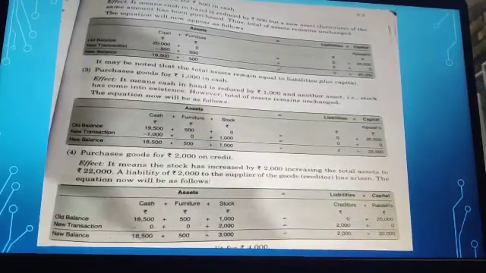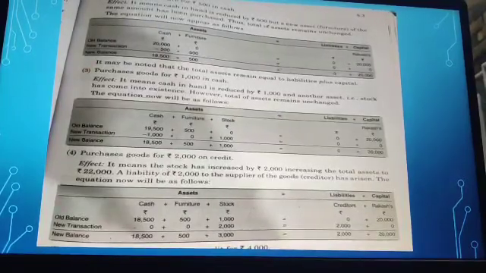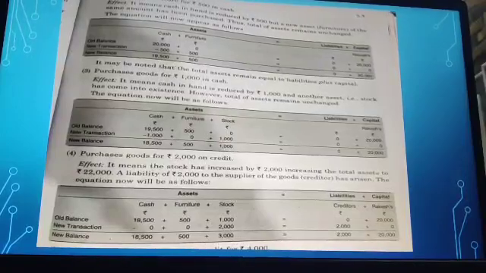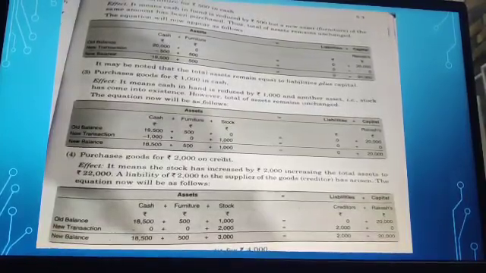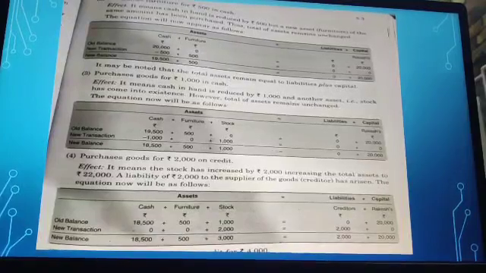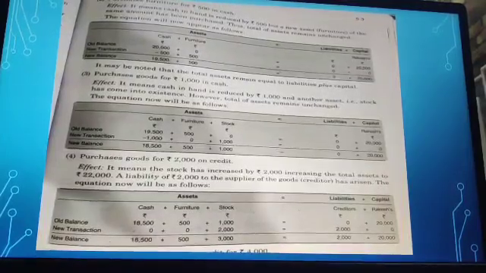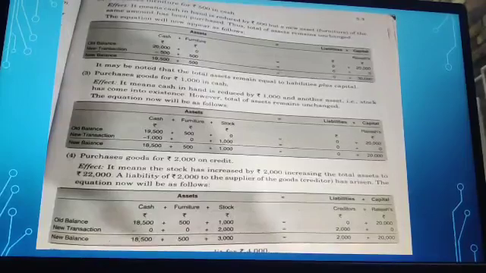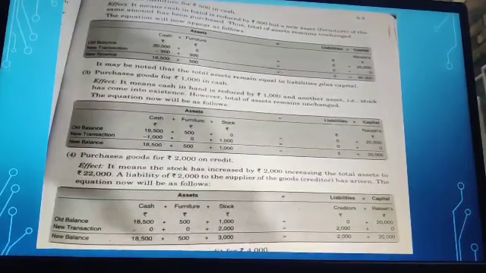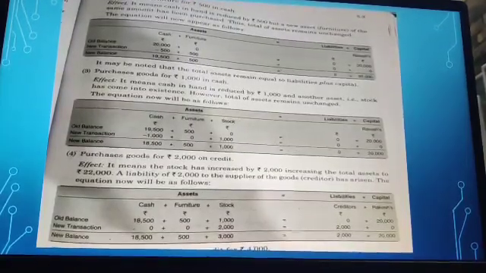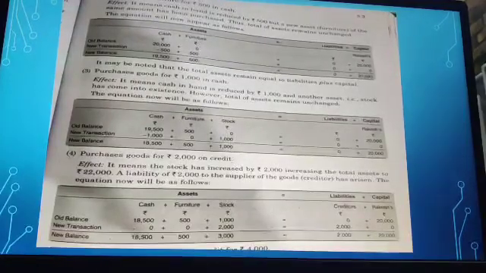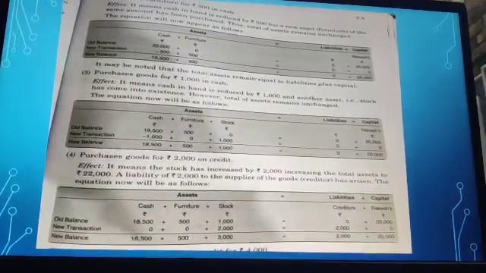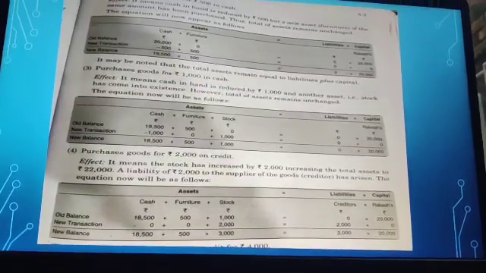It has no effect on cash, plus 0, no effect on furniture, plus 0, no effect on your capital, plus 0. Only two accounts are affected: stock plus 2,000, liabilities creditors plus 2,000. You can see here as well, your accounting equation again remains balanced, that is assets is equal to liabilities plus capital. Alright students, let us proceed further.